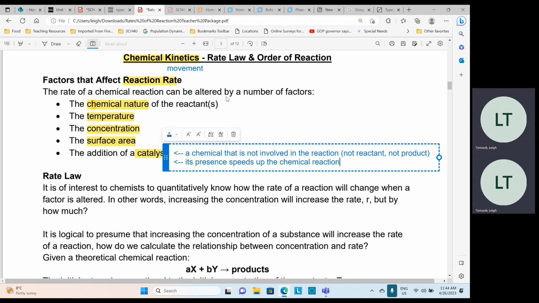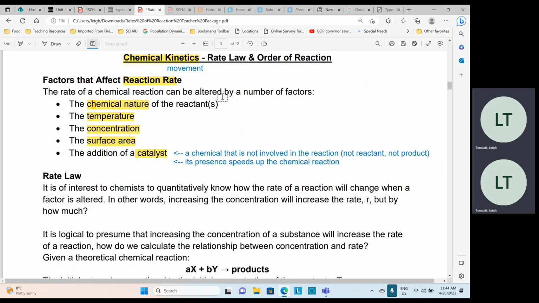For all chemical reactions, if you add a catalyst to them, it will make the reaction happen faster. It never slows it down. So that is number one.